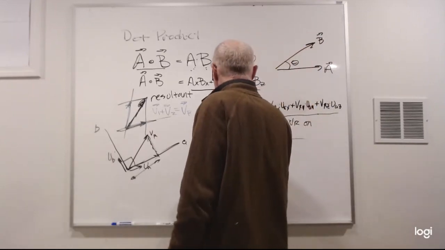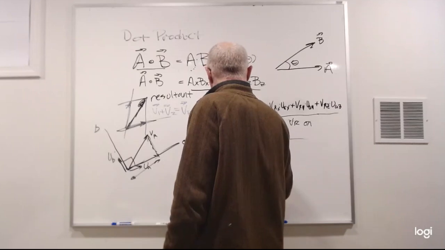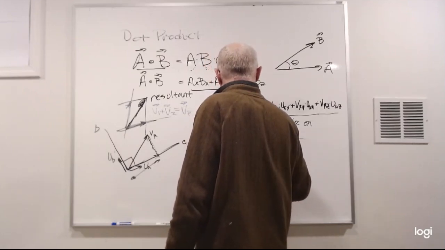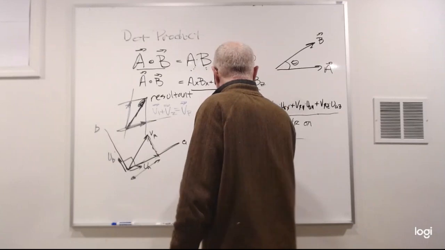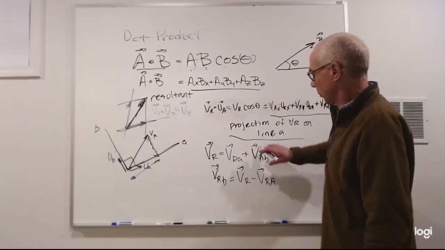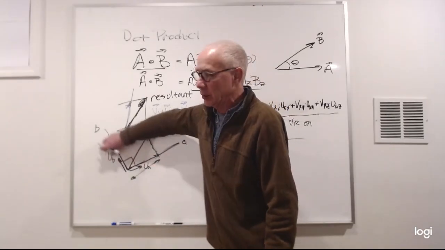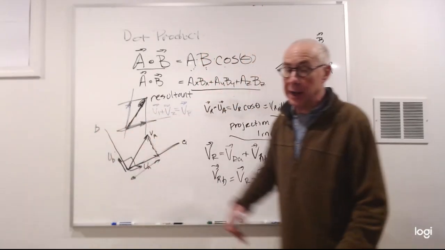So VRB equals simply VR minus VRA. I've just rearranged it. So we're going to solve for VRB, essentially the component along line B, which is perpendicular to line A.